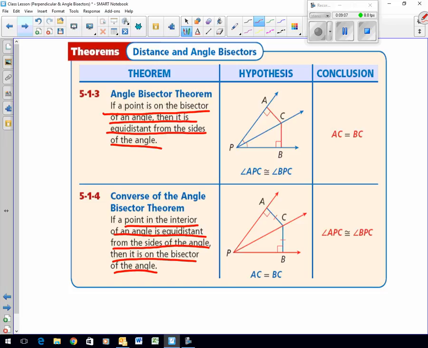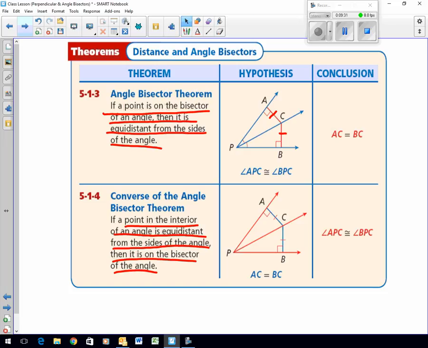In this case, it cuts angle P in half. So APC is congruent to BPC. From that, I get to conclude the distance from C to A is congruent to the distance from B to C. And they form 90-degree angles.